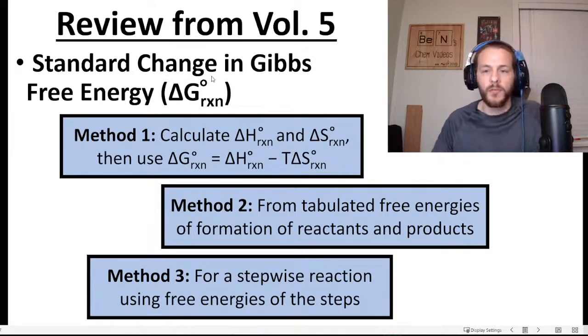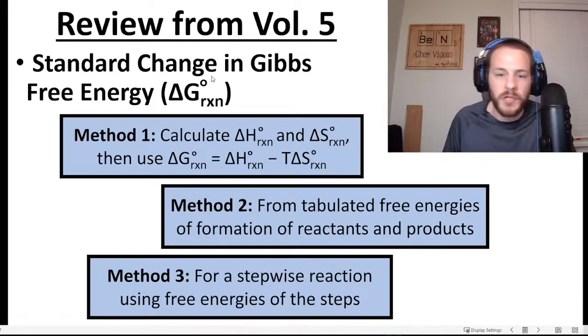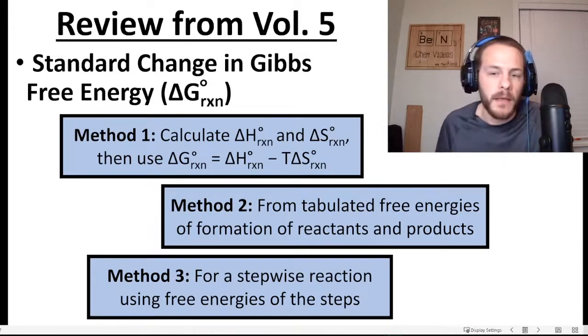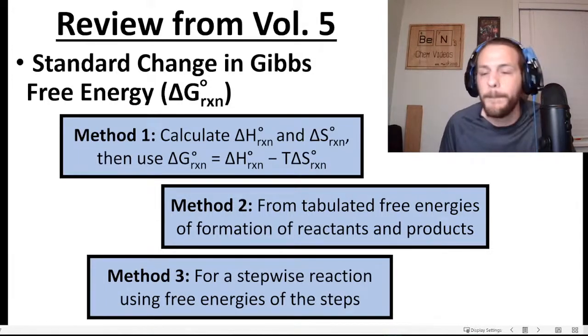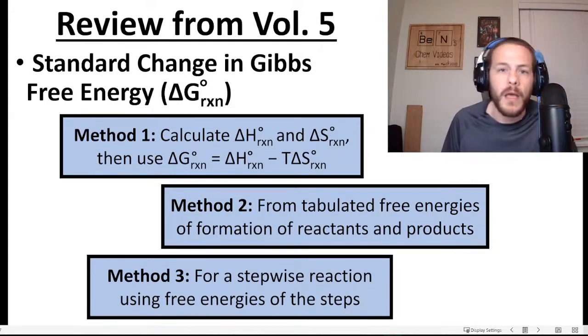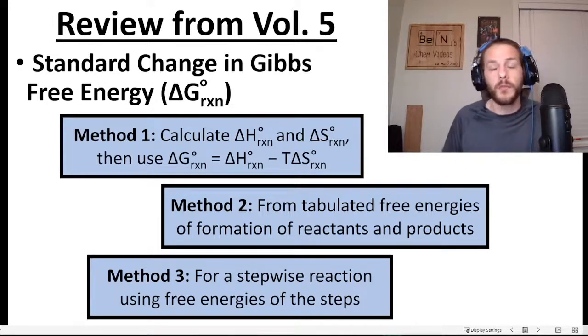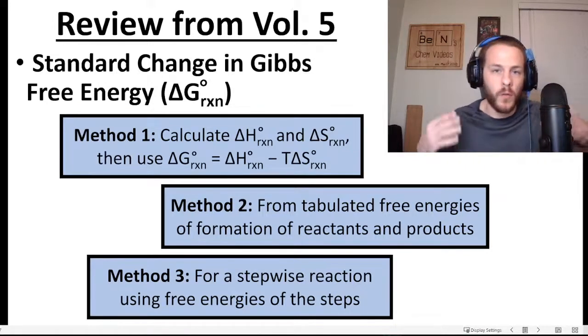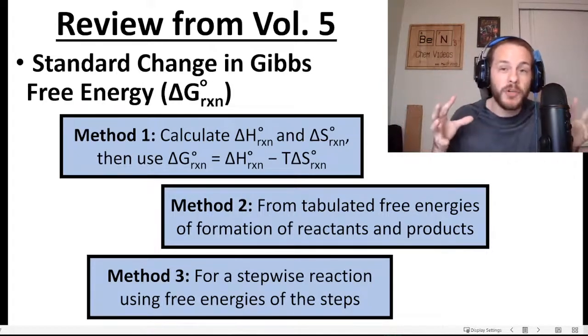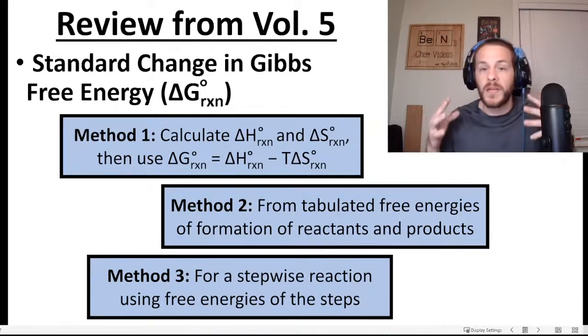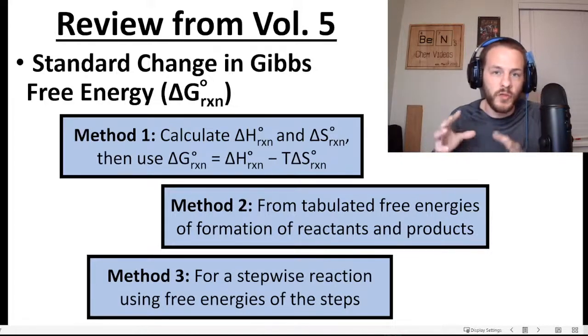So just to recap a couple things about Gibbs free energy, right? Gibbs free energy is a very, very important and very, very useful thermodynamic property, because just like the entropy of the universe, Gibbs free energy is a criterion for spontaneity. But unlike the entropy of the universe, Gibbs free energy can be defined with respect to properties that are only defined relative to the system.